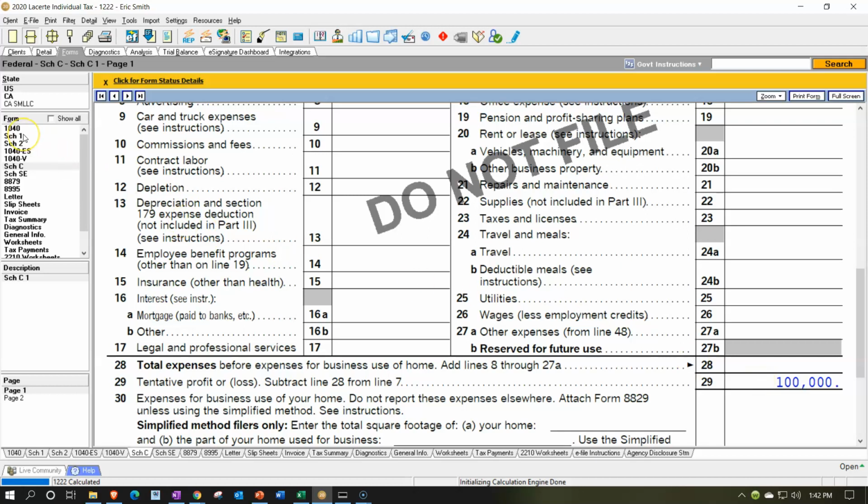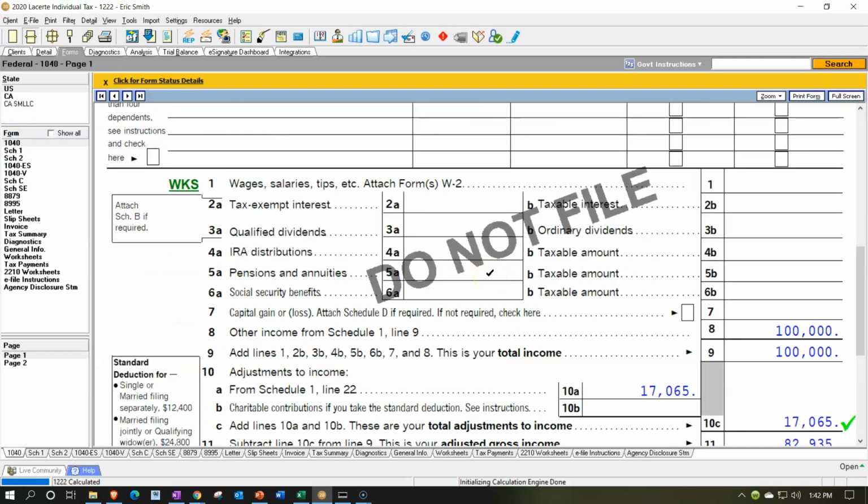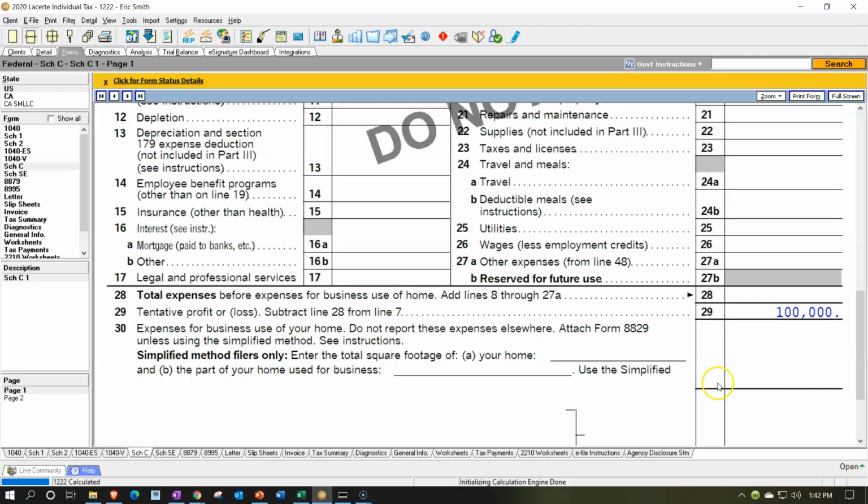Because that would pretty much do the same thing, because then when I bring it back on over to the first page, instead of having the deduction up top, it would be reducing this number instead. But notice that we're also going to be paying self-employment tax. So the self-employment tax, if I look at the Schedule C, is going to be based on this 100,000.